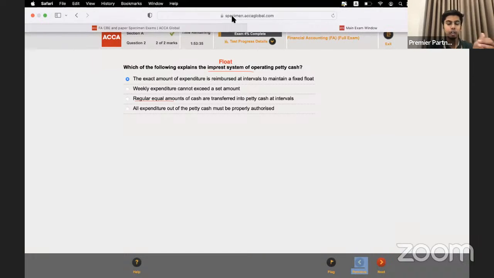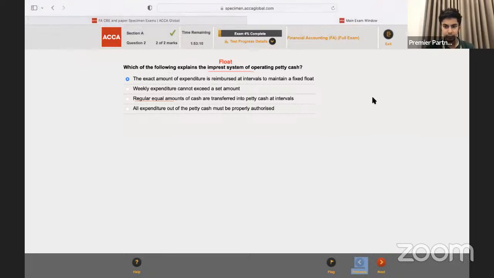So at the end of every month, the main cashier will give the petty cashier not the same amount, but the amount he spent. The amount you're spending is always variable. It changes. For that reason, the answer is not the third one, it's the first one. We don't give regular amounts. We always give what we spent, which can be always changing.